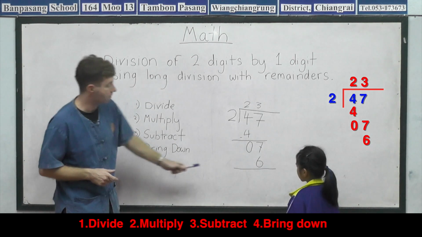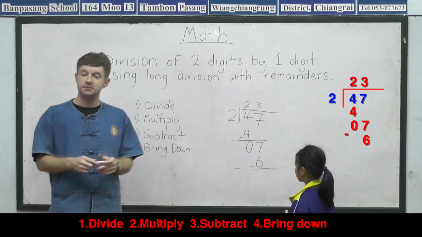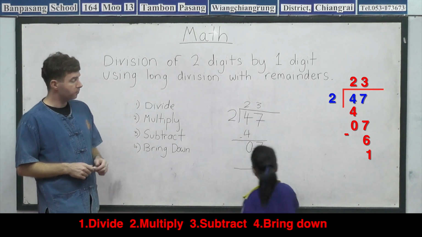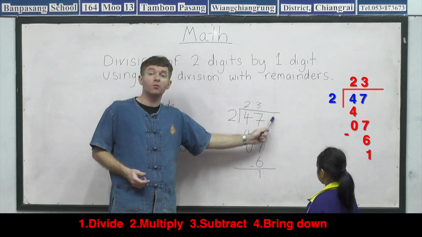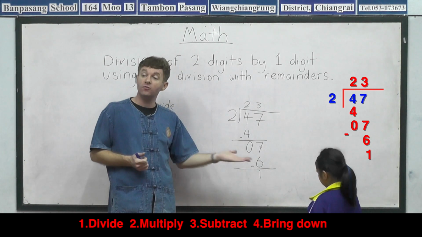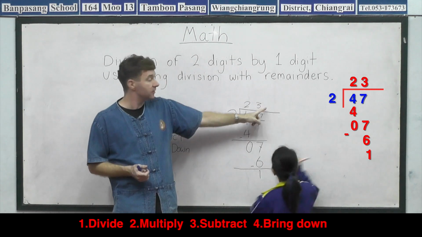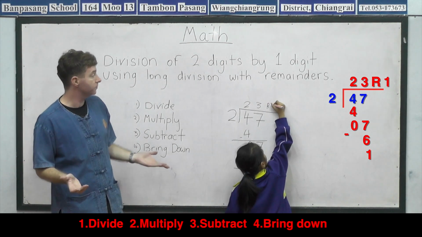So we can write our minus sign here. 7 minus 6 equals 1. But now, what do we do with our 1? There is no other column to move our 1 to. So 1 becomes remainder. So what do we need to write here? R.